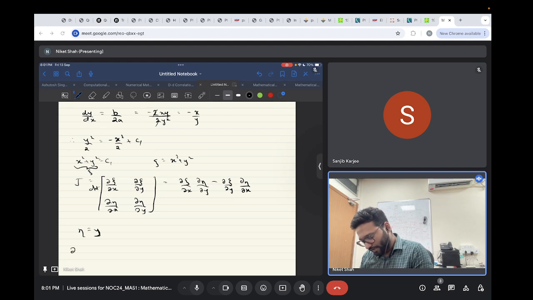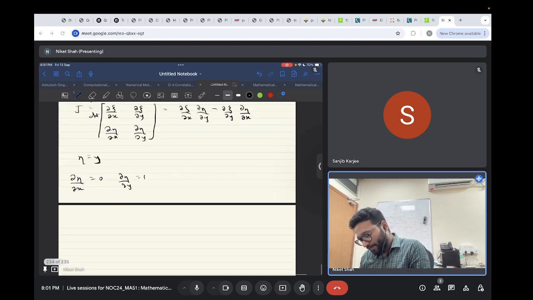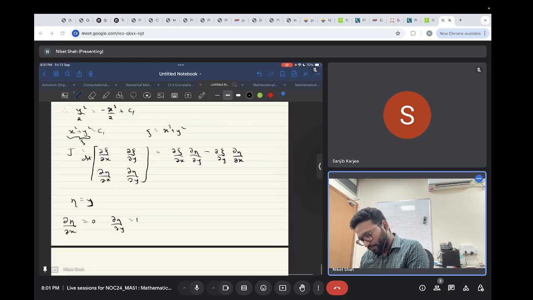So in that case, del eta by del x is equal to 0, del eta by del y is equal to 1, and del zeta by del x is equal to 2x, del zeta by del y is equal to 2y.